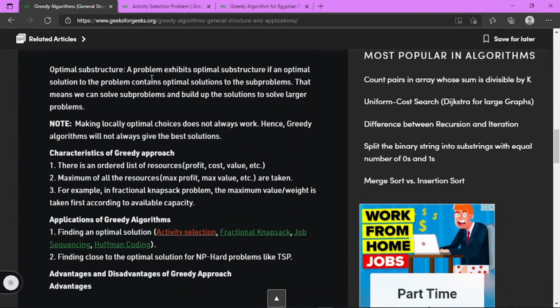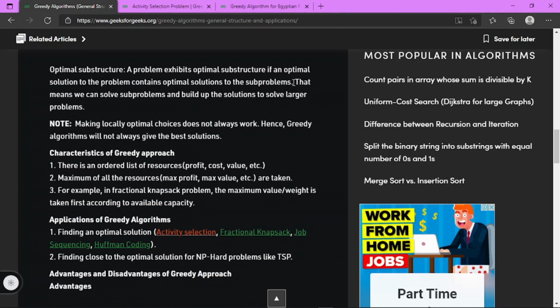A problem exhibits optimal substructure if an optimal solution to the problem contains optimal solutions to the subproblems. Basically, let's say you have a bigger problem and it can be optimally solved if we solve its subproblems optimally.